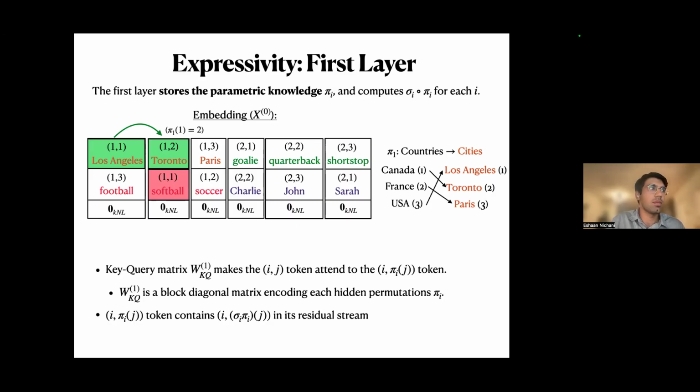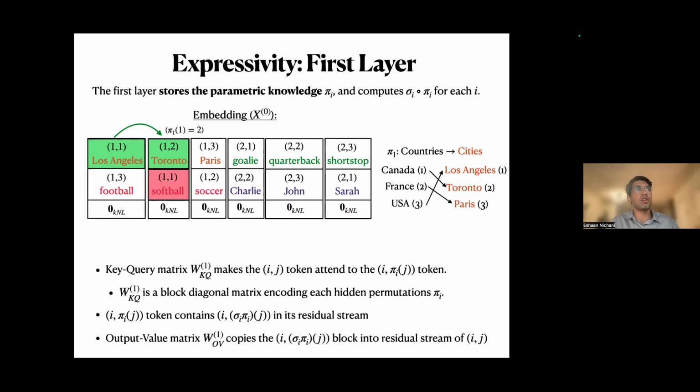Here π_i(j) was Toronto, and σ_1 of Toronto was softball. So this token contains softball in its residual stream. As such, the output of self-attention can then use the output value matrix to copy this specific block, softball, into the residual stream of the original token, specifically in the dimensions which were zero.